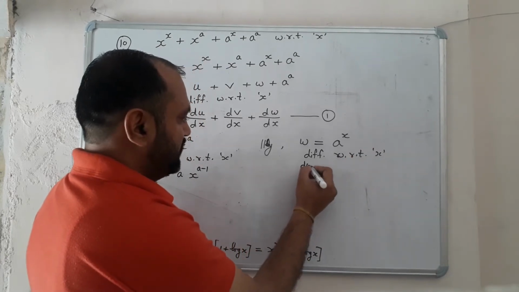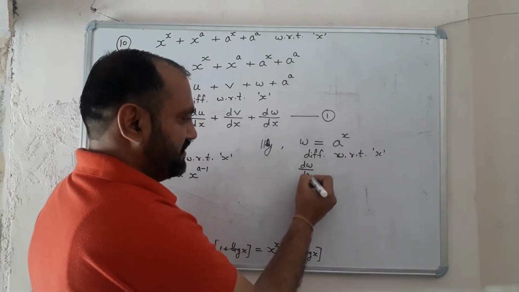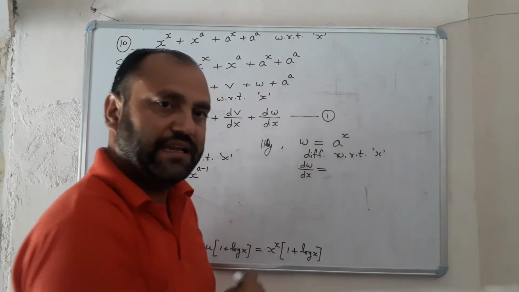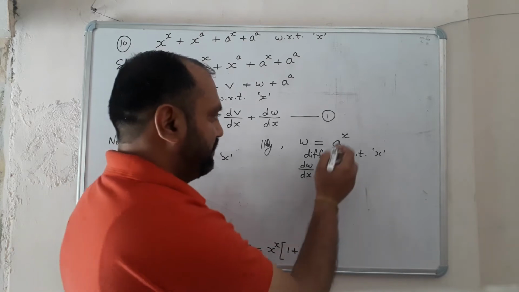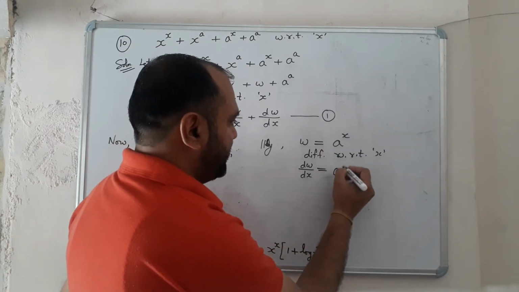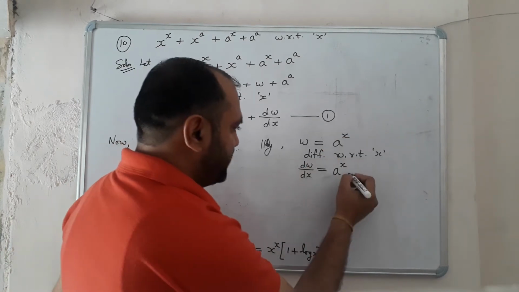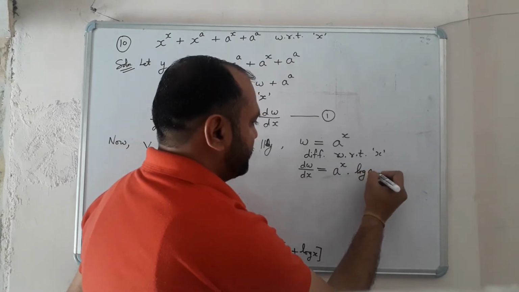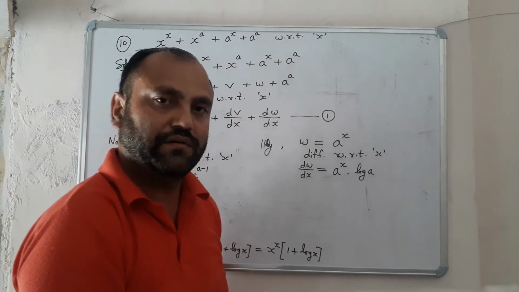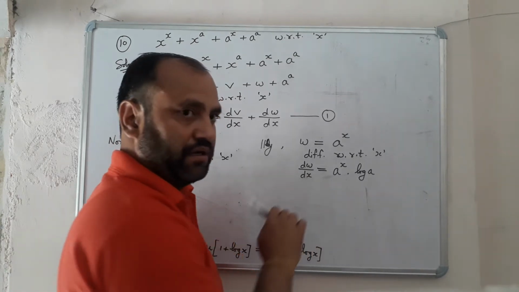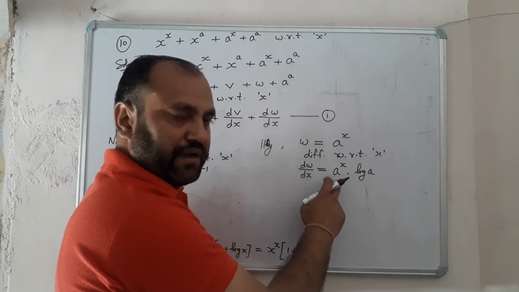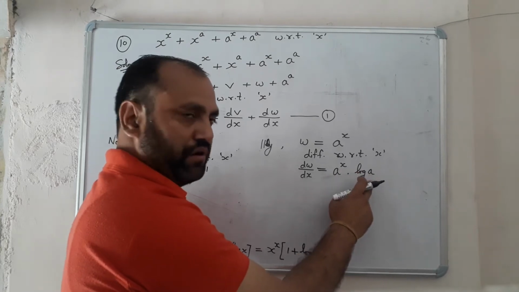We get dw by dx is equal to, you know the formula of a raised to the power x. Its formula is a raised to the power x into log of a. Right? So the value of dw by dx is equal to a raised to the power x into log a.